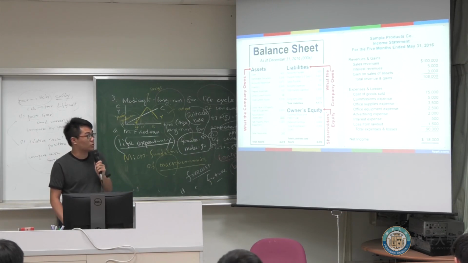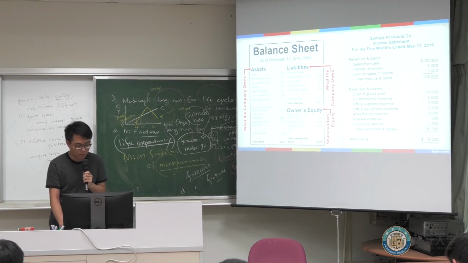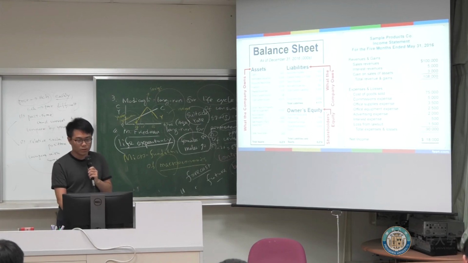And on your right-hand side is the income statement. The income statement is a report that shows the flow of revenues and expenses over a period of time, and the period is from January 1st to December 31st.